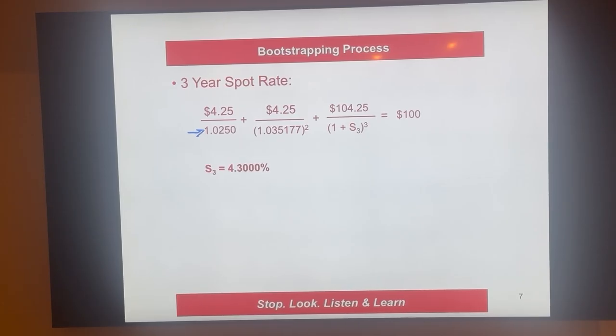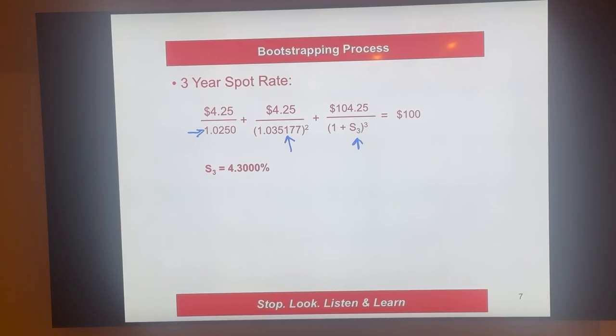We also know the 2-year spot rate, and we discount the cash flow we receive 2 years from now at that spot rate raised to the 2nd power, because it's 2 years into the future. What we're trying to determine now is the 3-year spot rate. What must the 3-year spot rate be in order for this bond to trade at par?